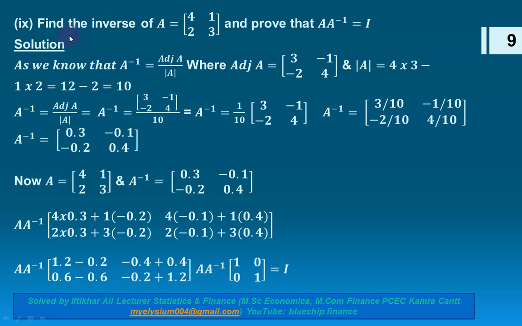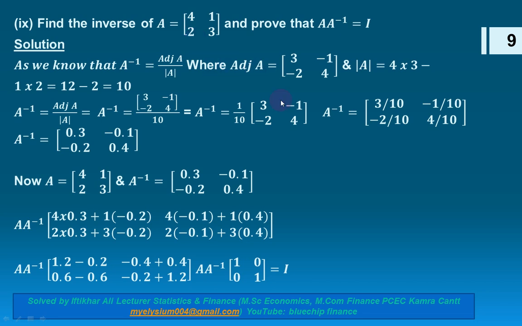After that, question number 9, find the inverse of A and prove that A multiplied by A inverse equals identity matrix. So first of all, inverse of A equals adjoint of A over A determinant. In case of adjoint, we just simply replace the places of these two elements and change the sign of these two elements, and it will be equivalent to adjoint.